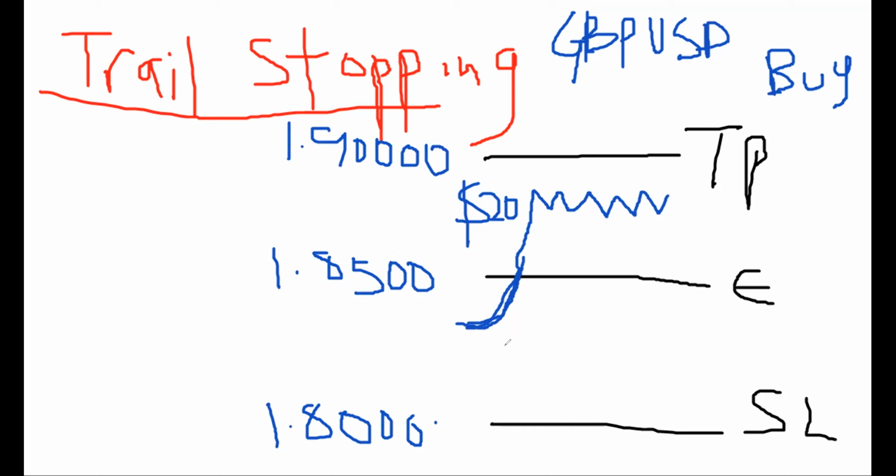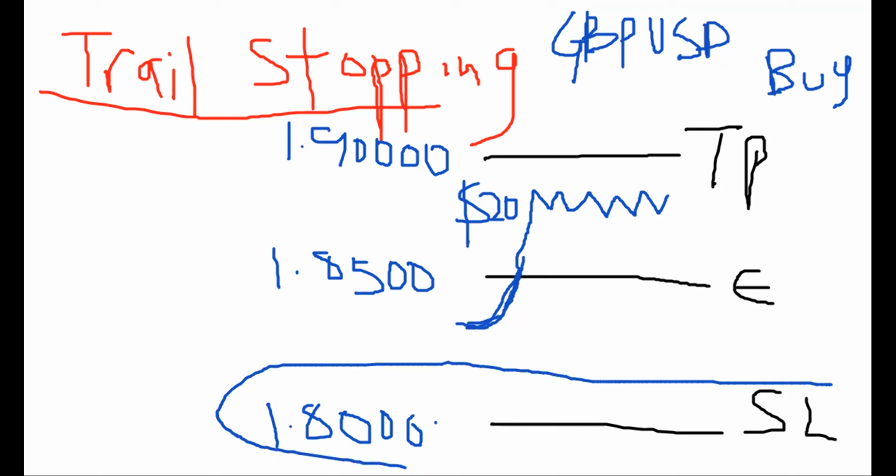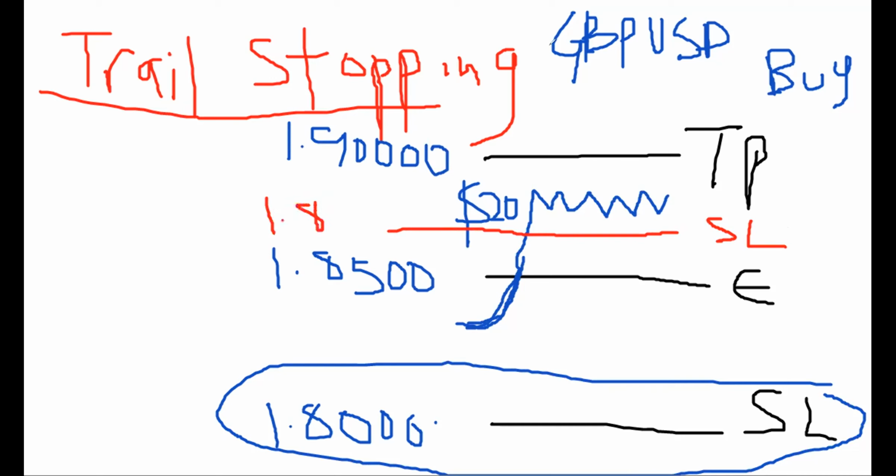Because your stop loss is there, you can move your stop loss above your entry point, blocking this trade around there. Once you block this trade there, this is your new stop loss. Let's say your new value will be 1.8700.